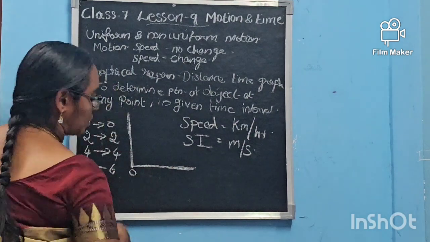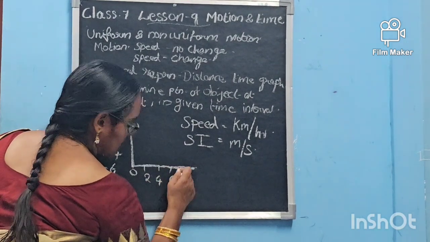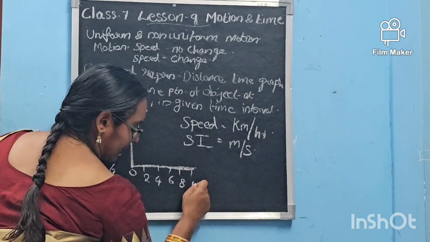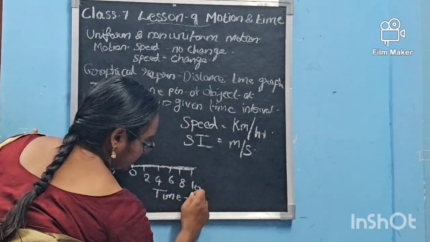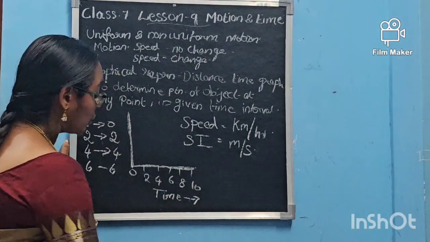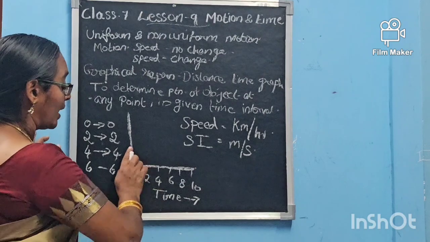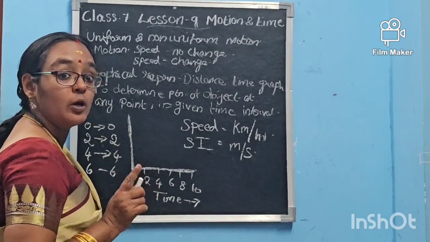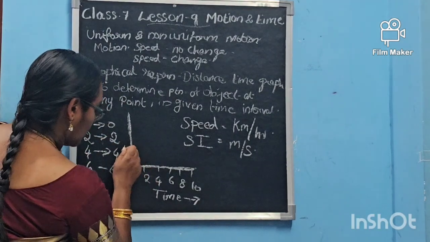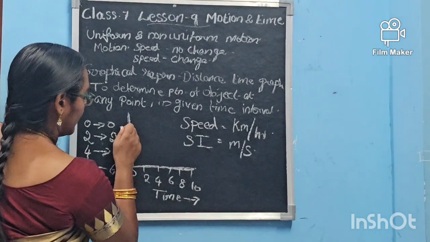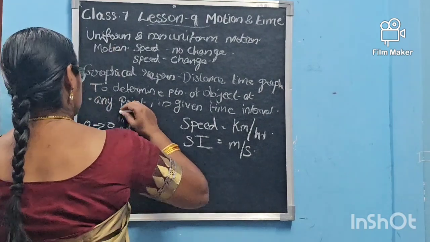So, starting will be 0, 2, 4, 6, 8, 10. What is that, ma? Time. When you are representing the graph, you have to mention what is in the x-axis and what is in the y-axis. Otherwise, your marks will be gone. Okay, distance 2, 4, 6, 8, 10 like that. What is this, ma? This is the distance.